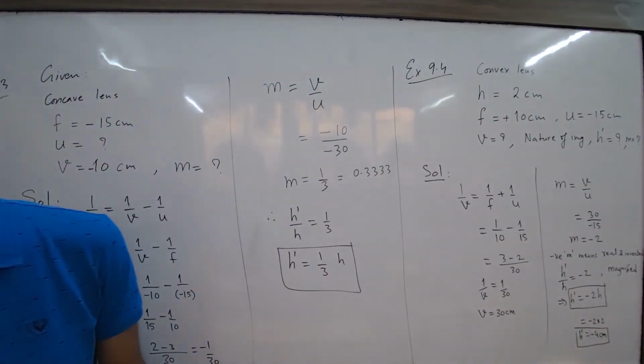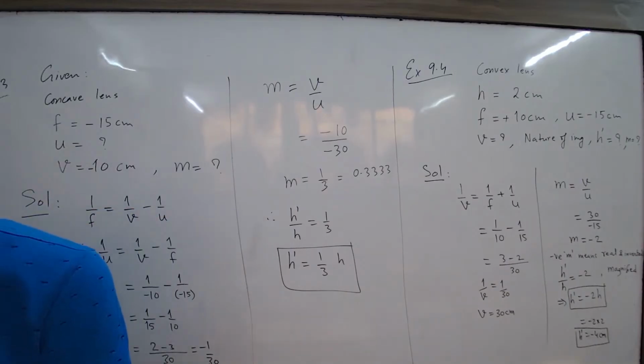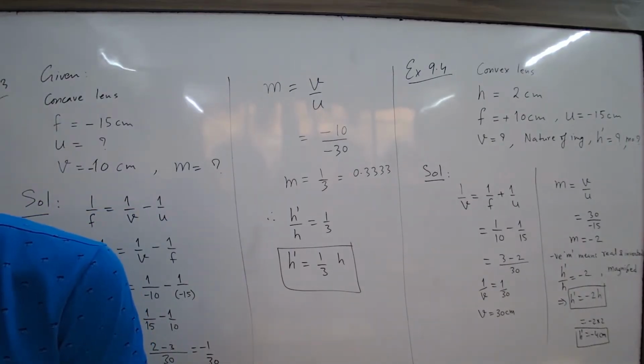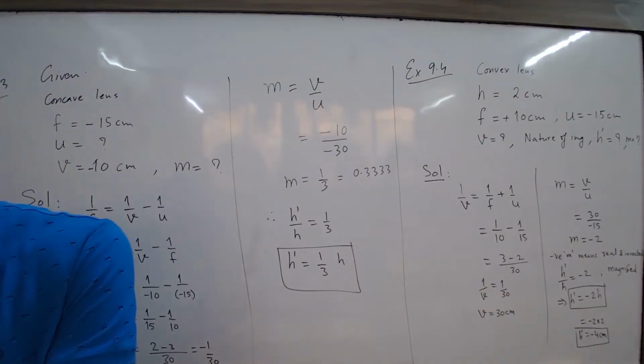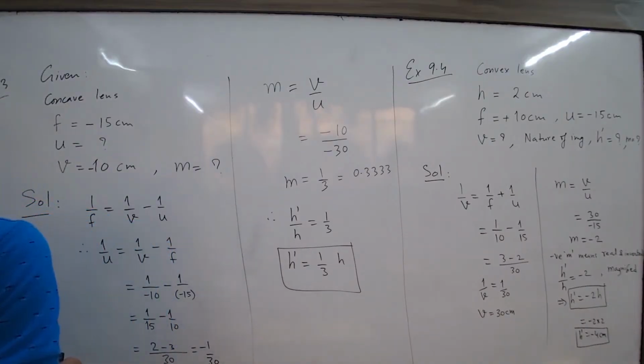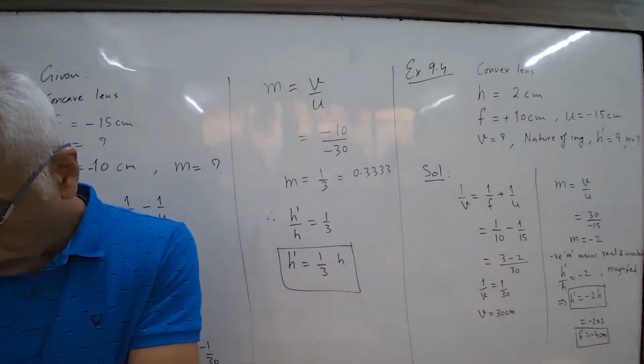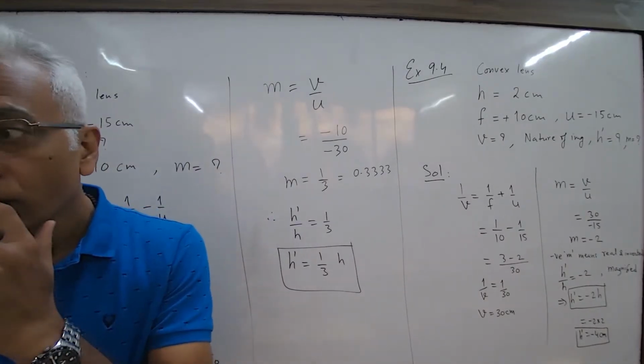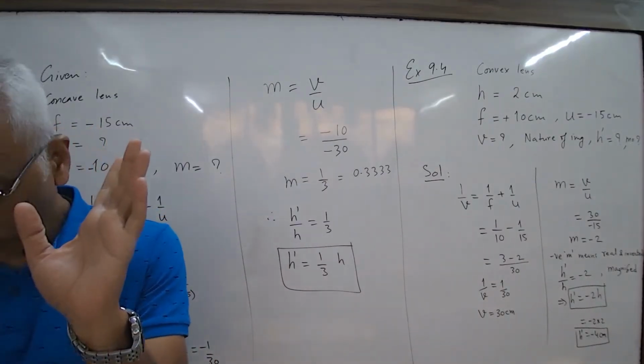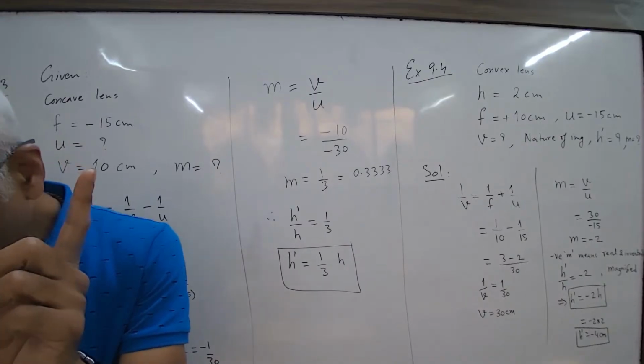Question 6. What kind of lens produces both real and virtual image? Convex. Only convex. Okay? Because concave produces only virtual image.